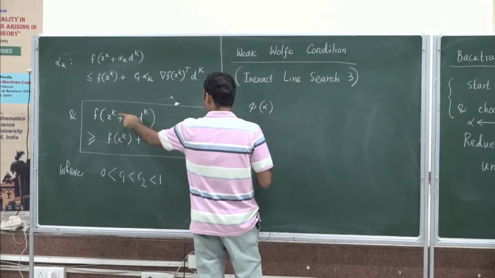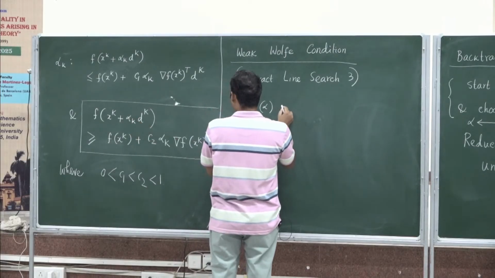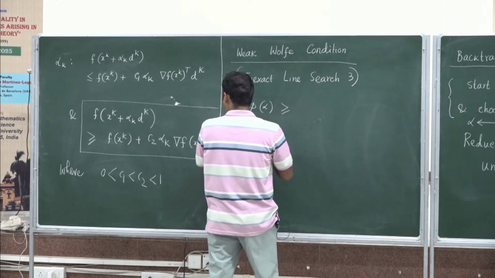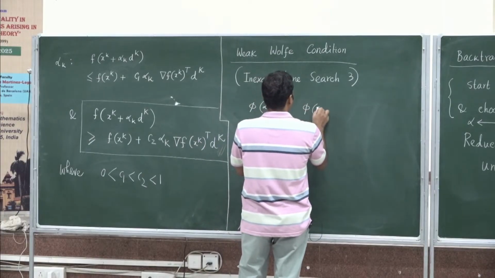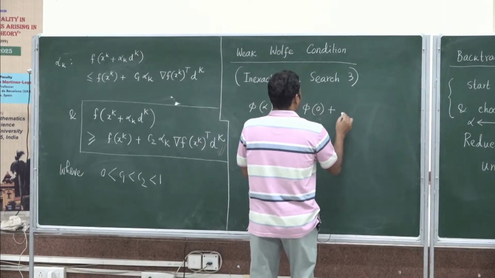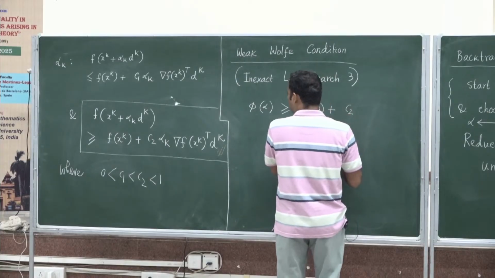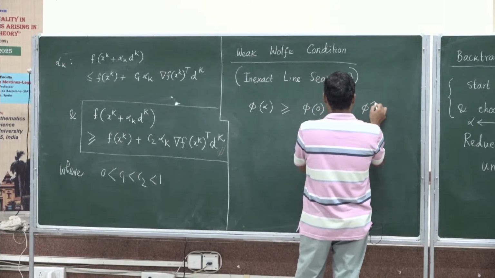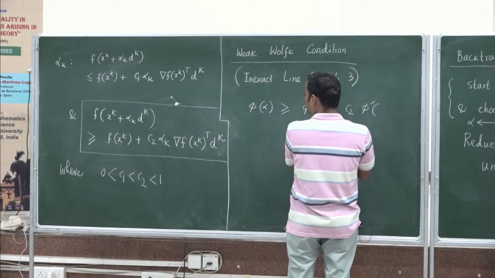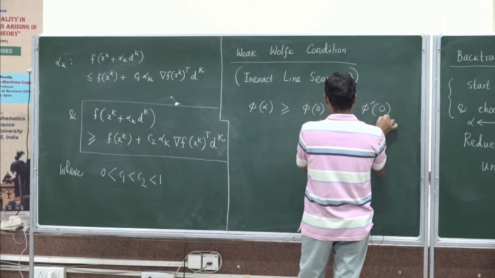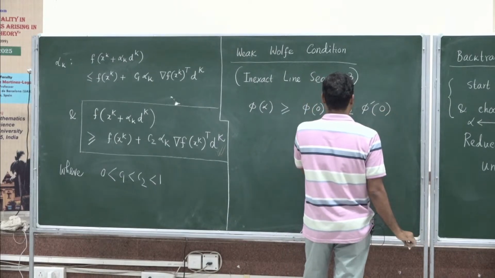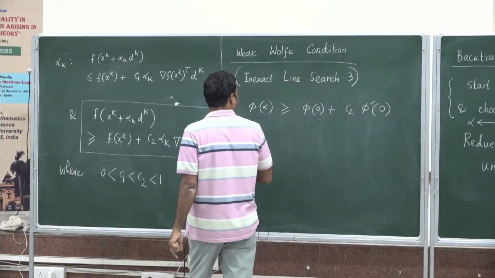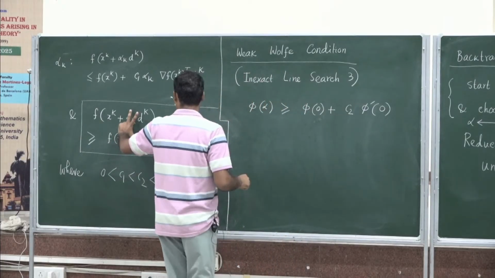In general, for any alpha, phi alpha greater than or equal to phi 0 plus C2 alpha phi dash 0. Fine.